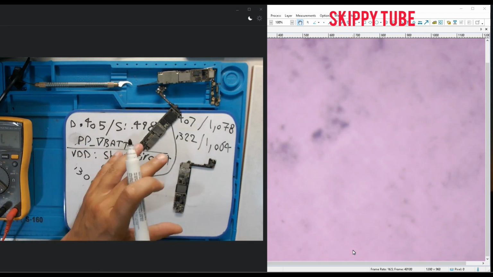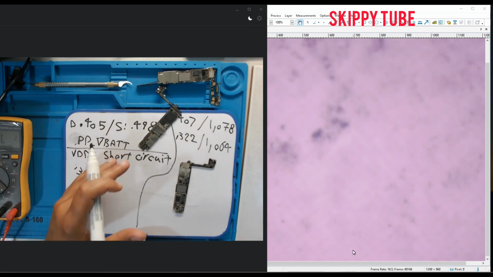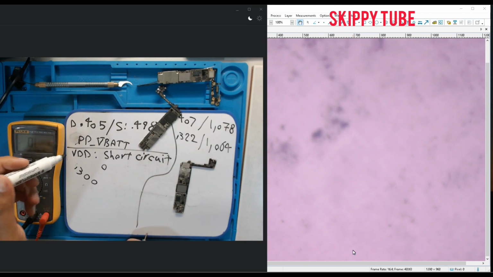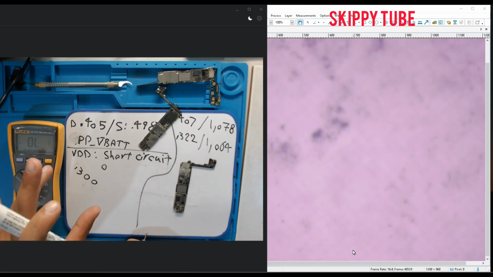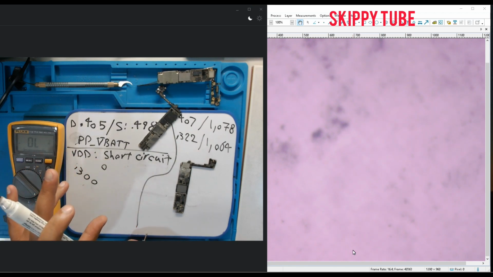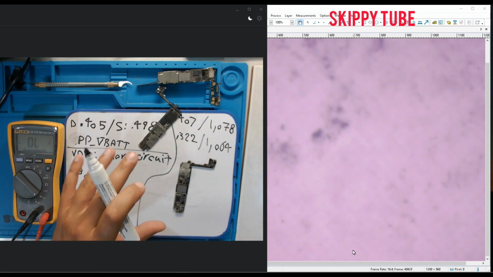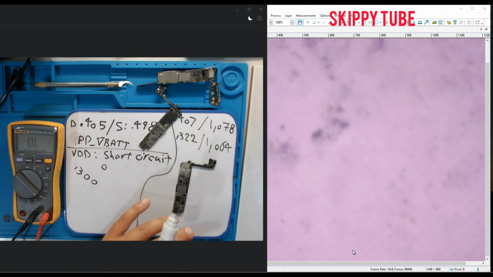300, a diode value. A Skippy value, or a Skippy test on the multimeter, needs to be showing more than 0.600. But if the phone is working and the Skippy value shows less than 0.600, it doesn't matter. You can check where the problem is and find the issue.